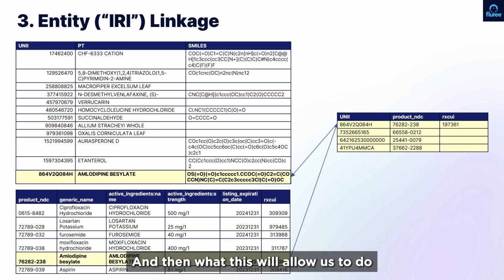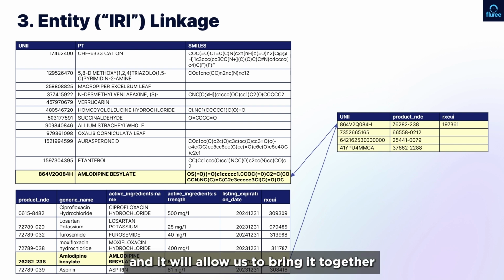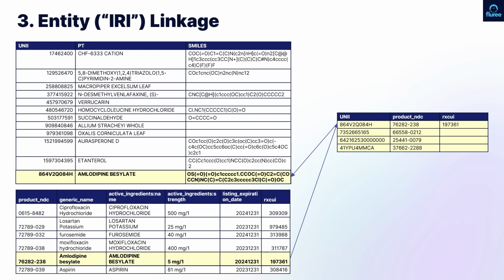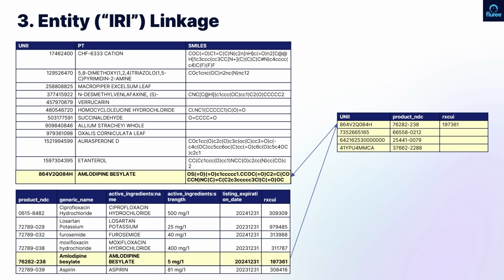What this will allow us to do is start taking the knowledge from across multiple different database tables and bring it together. We can further teach the machine how to not only connect information, but look for areas where there's conflicting information and try to resolve the conflicts.